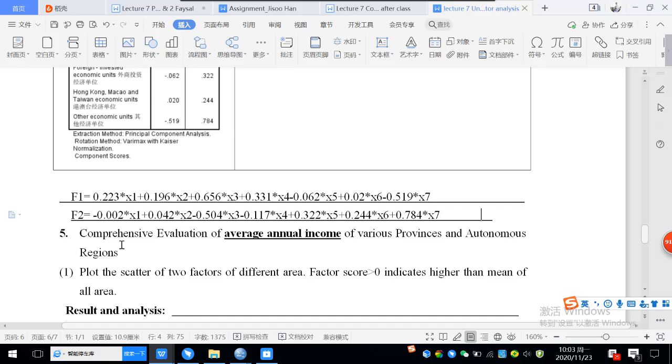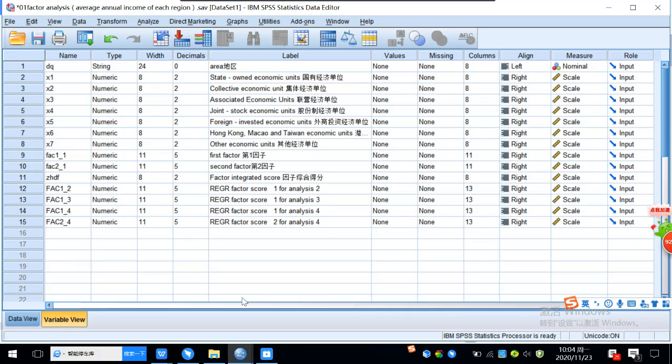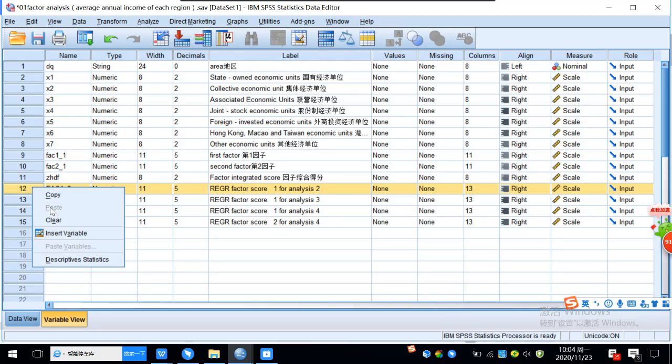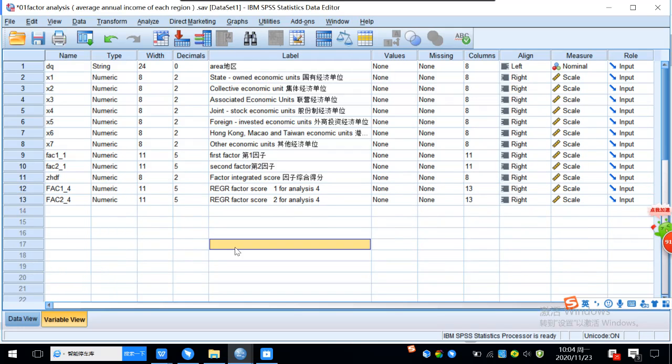Also, the computer already calculated the factor 1 and factor 2. Where are they? They are here. Yeah, I will delete these two, okay? Because I don't need them. Okay, so here is the factor 1, here is the factor 2.